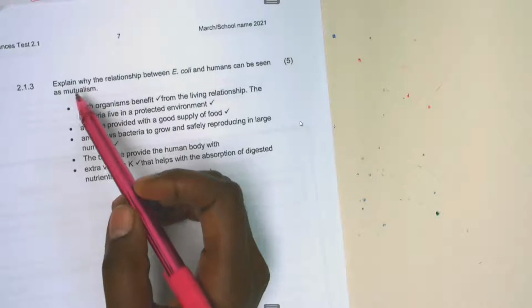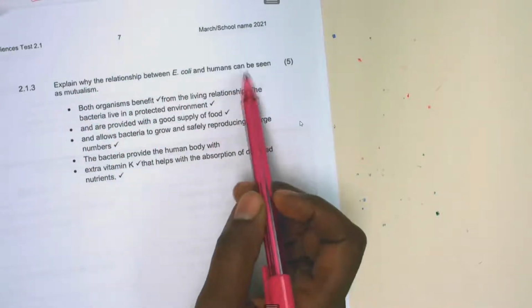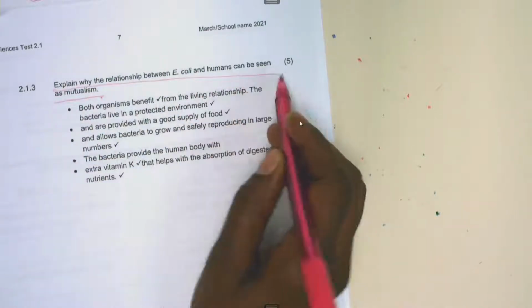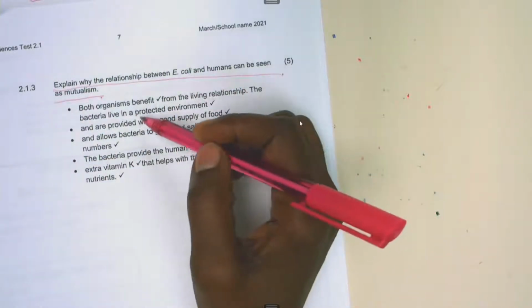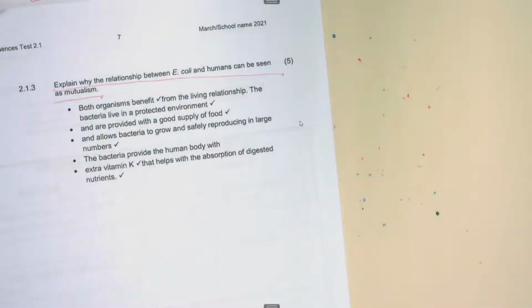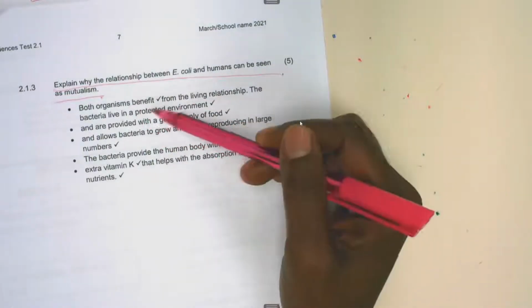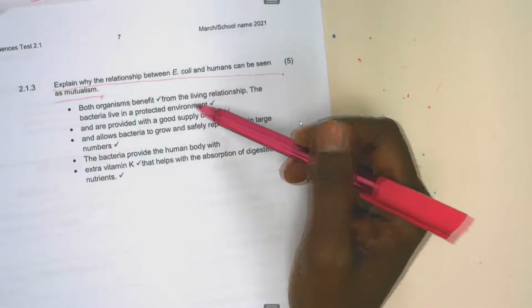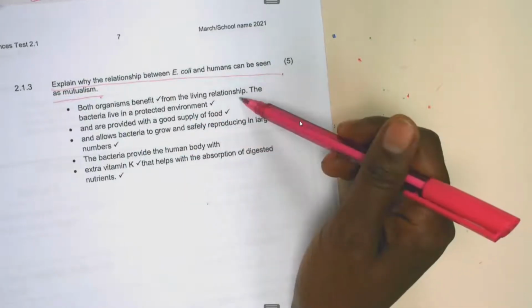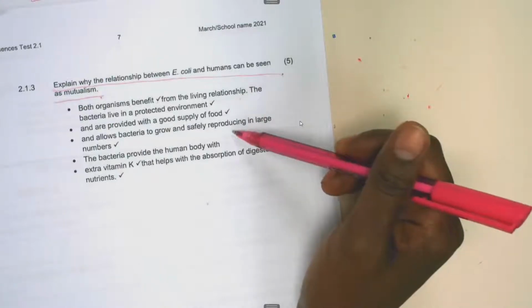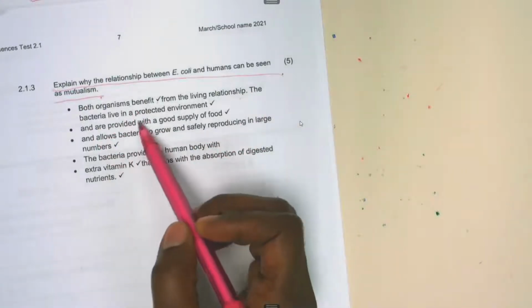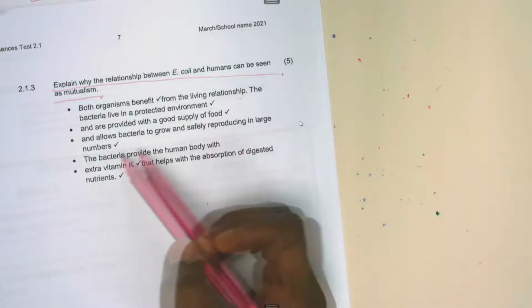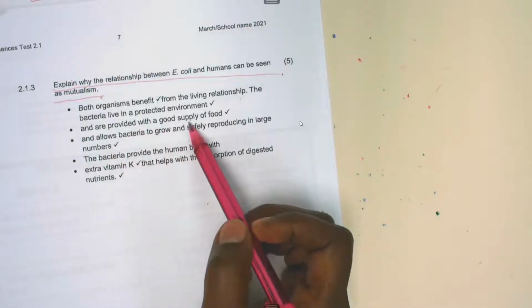So our question is like this: explain why the relationship between E. coli and humans can be seen as mutualism. So this is how this question was answered. Both organisms benefit, and it was 1 mark, which is correct, from the living relationship. From this relationship, they both benefit. And then the bacteria live in a protected environment and are provided with good supply of food.